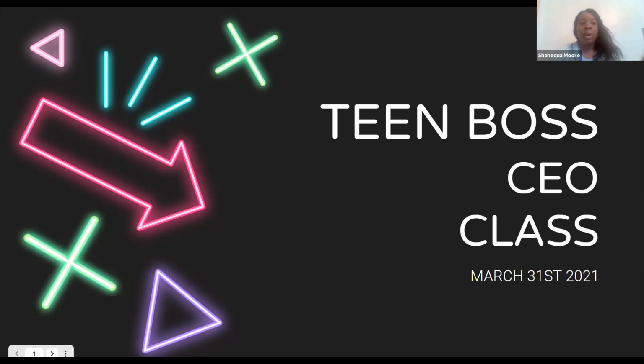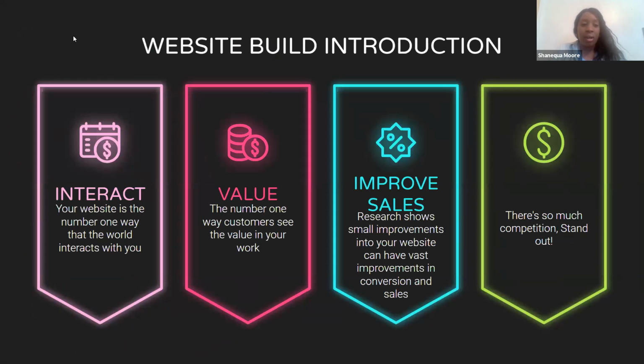And as you know, websites are where your clients and your customers, or whoever is going to be in contact or interacting with your organization, go. This is your core information center, right? Your website is the number one way that the entire world interacts with you.